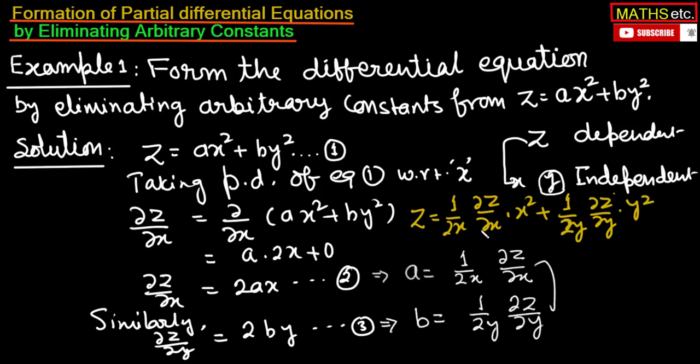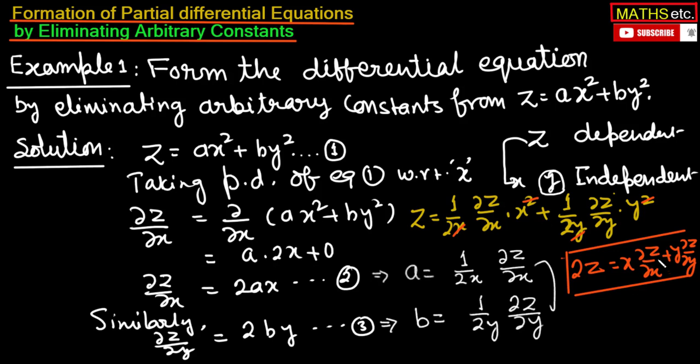Now here one of the x will cancel out, one of the y will cancel out. We multiply throughout by 2 and this becomes 2z equals x del z over del x plus y del z over del y. So this one is the required partial differential equation which we obtained by eliminating arbitrary constants a and b from equation number 1.